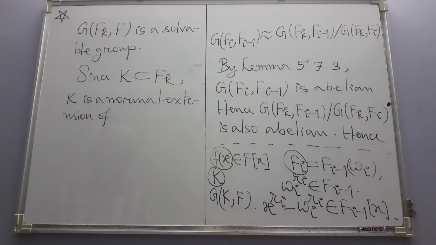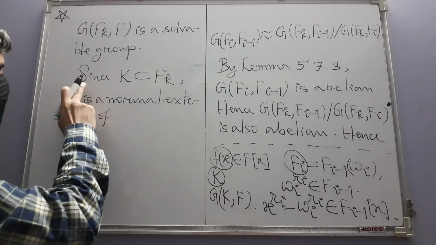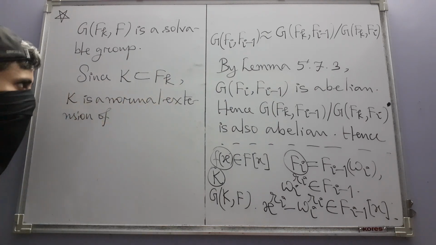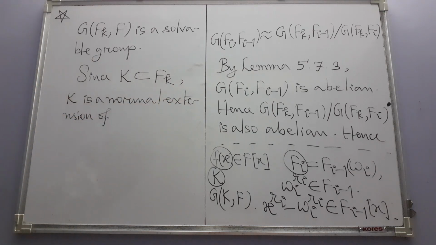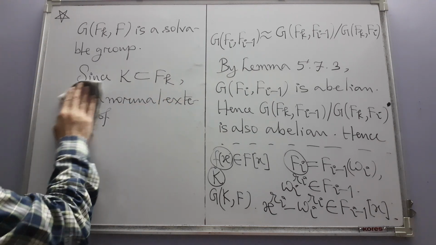K is a normal extension of F because it's the splitting field of the polynomial p(x) over F. What I wrote here is wrong. It's not because of this that K is a normal extension. We have this, and along with that, K is a normal extension. That should be how I write it here.